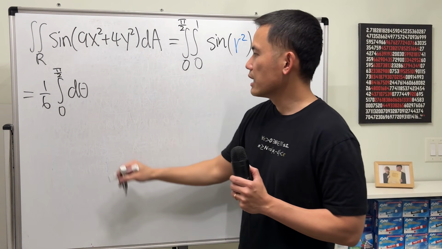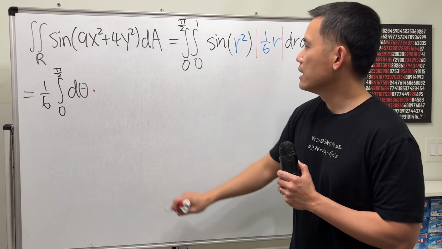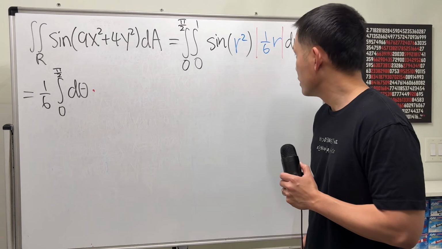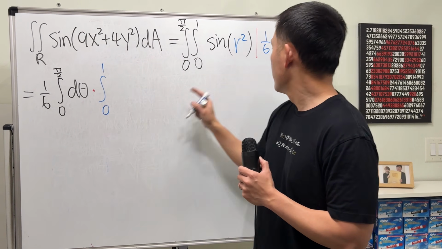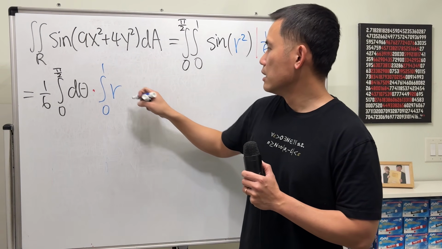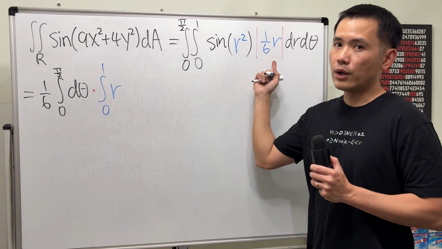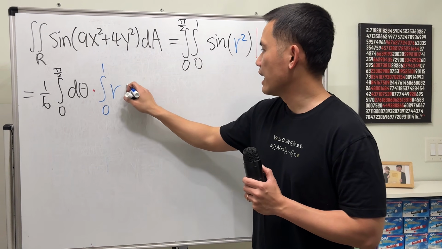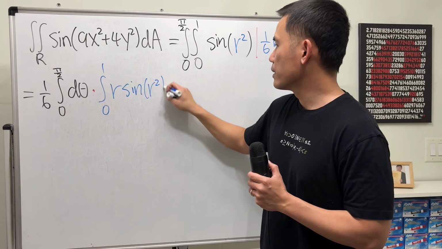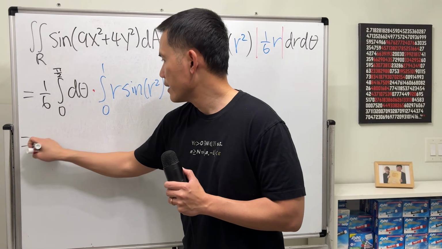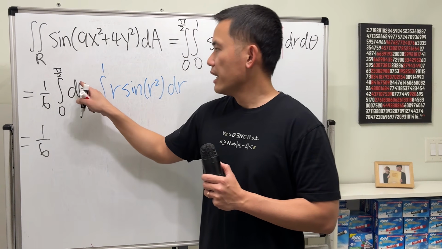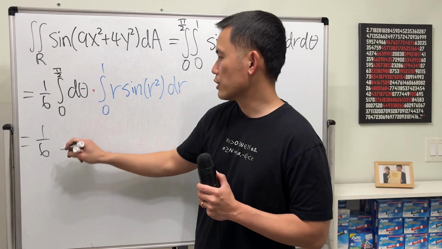And then we multiply by the integral going from 0 to 1, and we have r. R is positive, so we don't need the absolute value anymore. And then we have sine of r squared, dr. So we have 1 over 6, and then integrating this, the result is just going to be pi over 2.